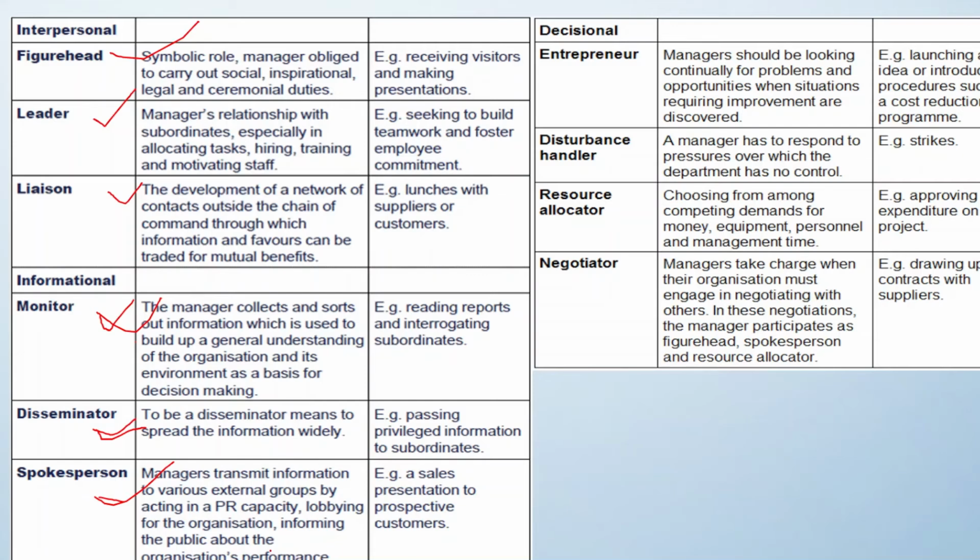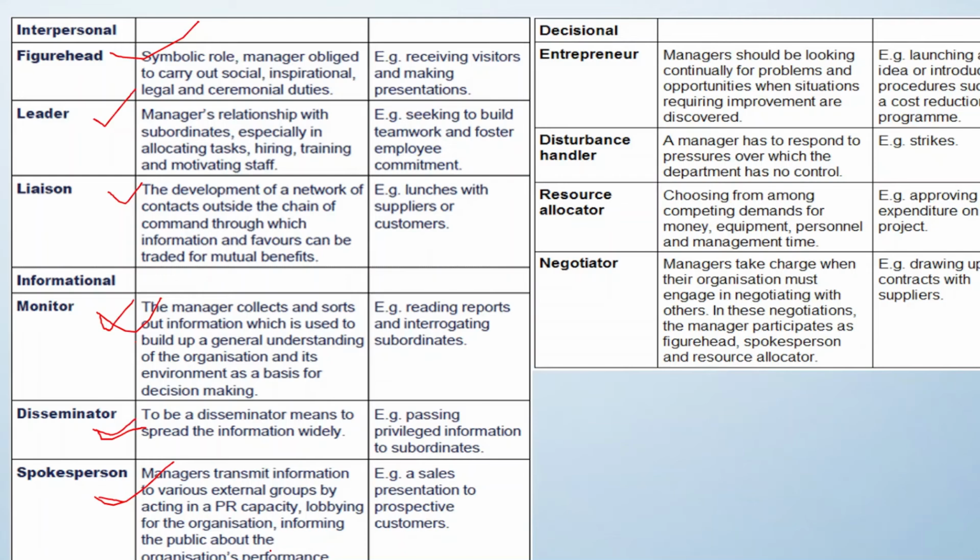Then decisional roles. There are four decisional roles played by the manager. First one is entrepreneur. Entrepreneur means managers should be looking continually for problems and opportunities when situations requiring improvement are discovered. So they have to continuously look for problems and solutions.